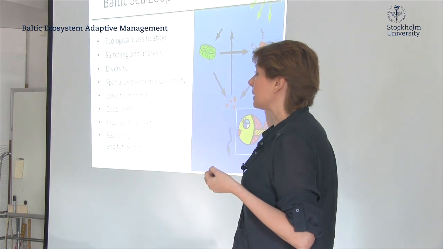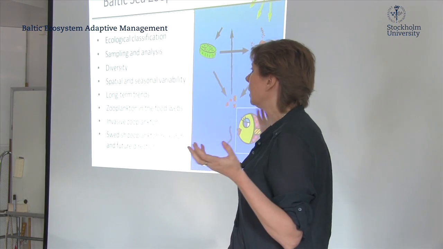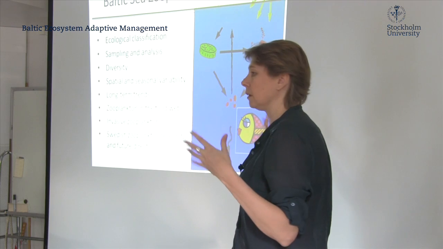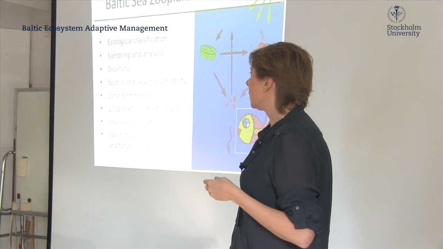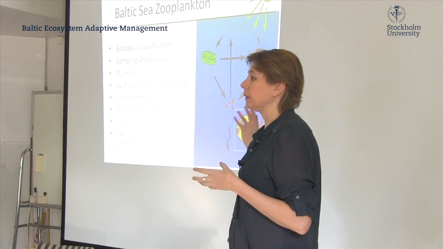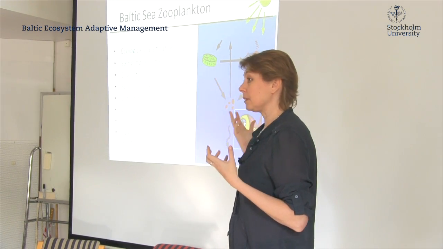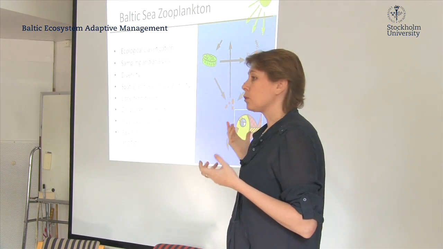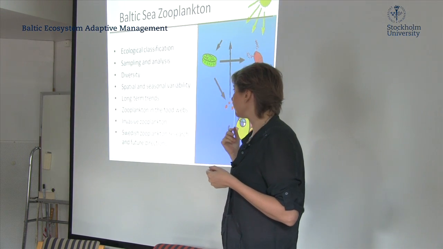Sampling and analysis, diversity of Baltic Sea zooplankton, spatial and seasonal variability, long-term trends in zooplankton, mostly based on Swedish data. Zooplankton in the food web, again, what does it do and why? We are interested in that. Invasive zooplankton species, and how they affect Baltic pelagic food webs.